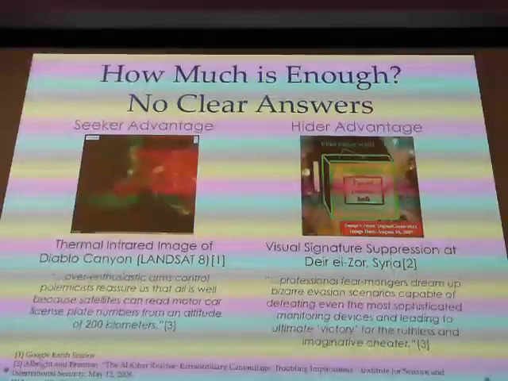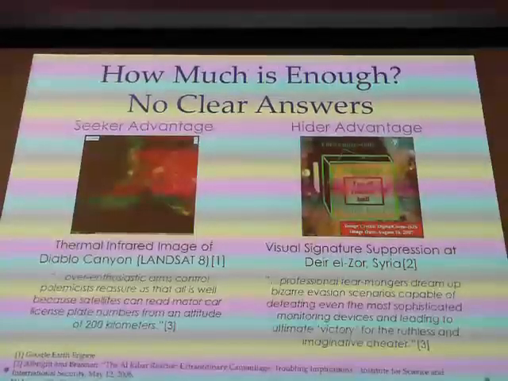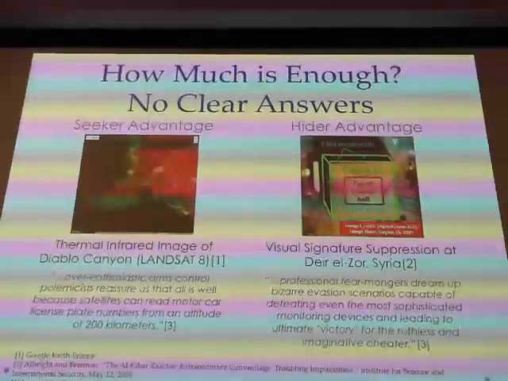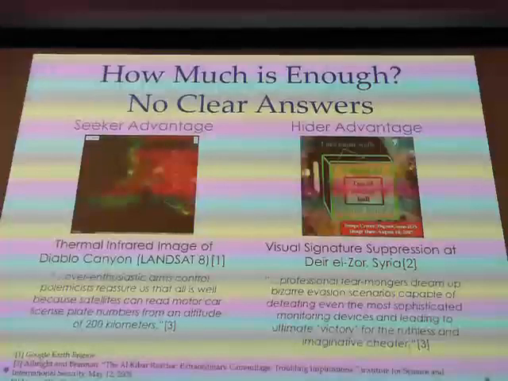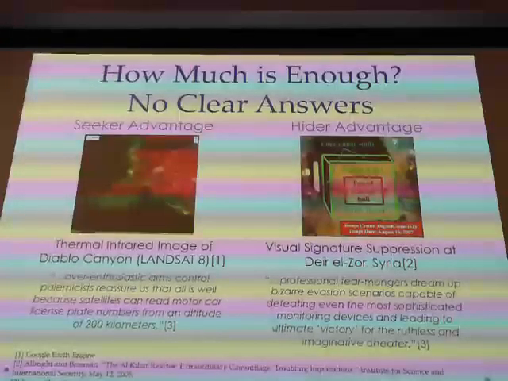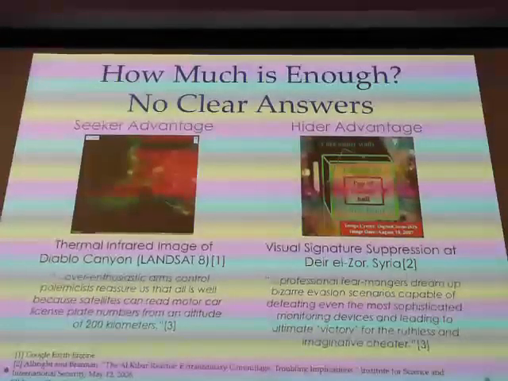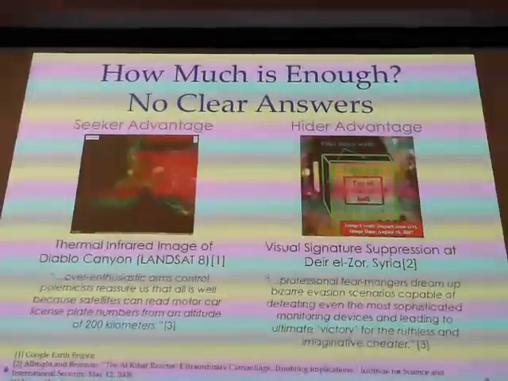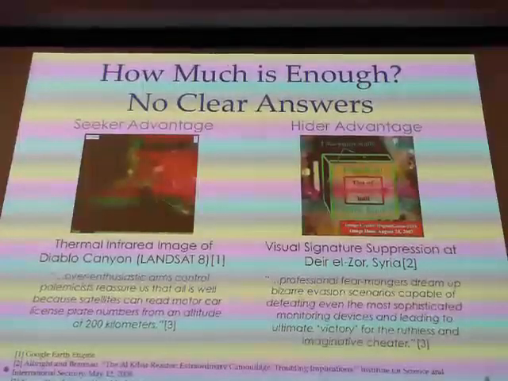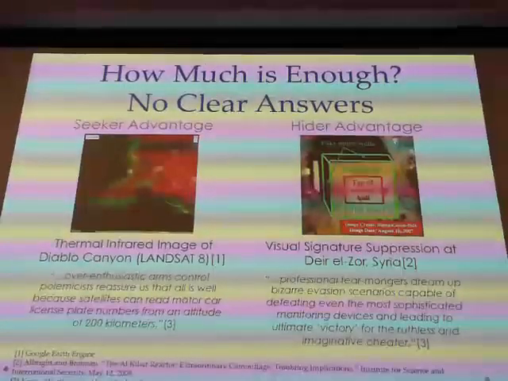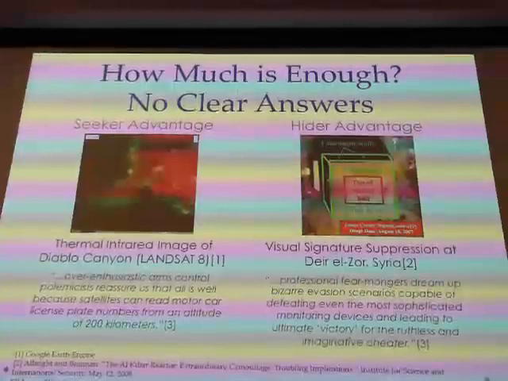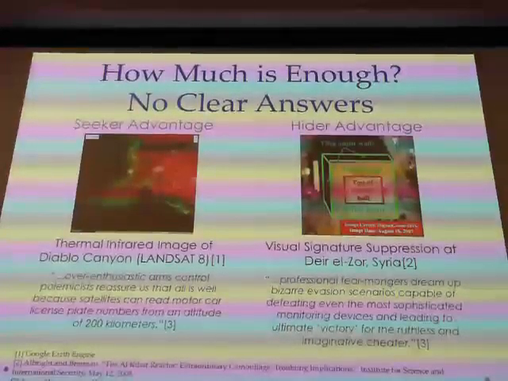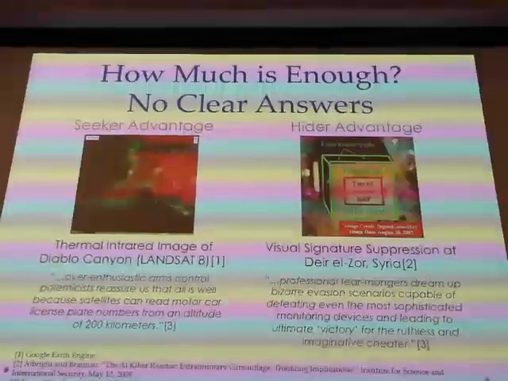And I really love these quotes because they jibe with my experience at the IAEA, or at the Joint Research Center. We had another fellow working on things, and we were always, not at odds, but discussing things. So there are the people that think about the seeker advantage, all of our technical capabilities, all of our whiz-bang stuff, and we're characterized as over-enthusiastic arms control polemicists who reassure us that all is well because we can read license plate numbers from 200 kilometers away.